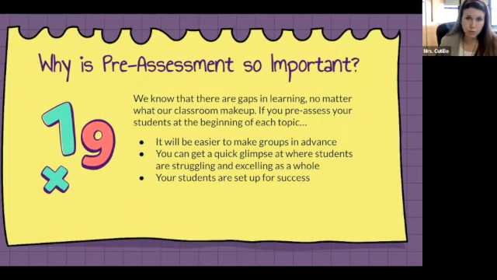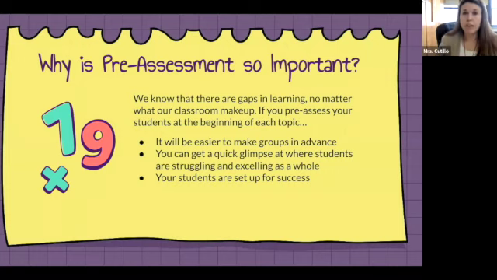So if I was teaching multiplication, I would not give them word problems. I would not give them the Savvis wording. I would just give them maybe an array, like the different forms of multiplication, maybe one problem using the distributive property, one problem just using the standard algorithm. And I would just give them a couple problems that would give me a good idea about how much they knew about the topic.